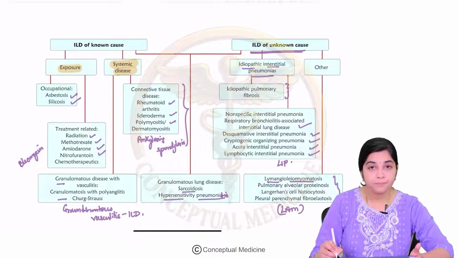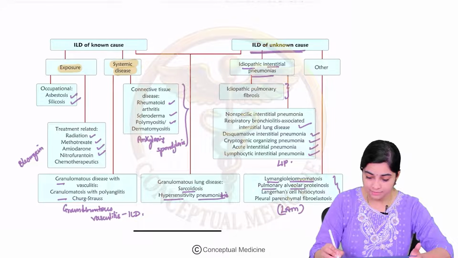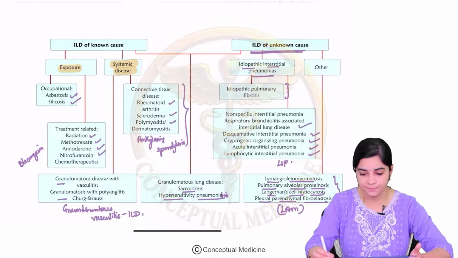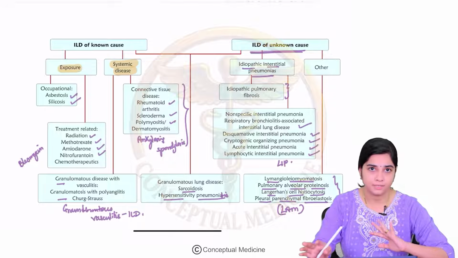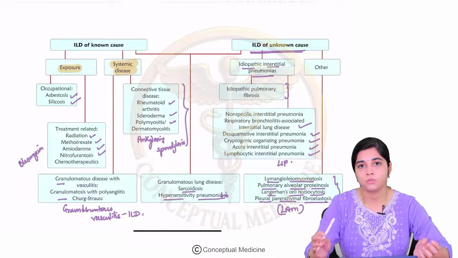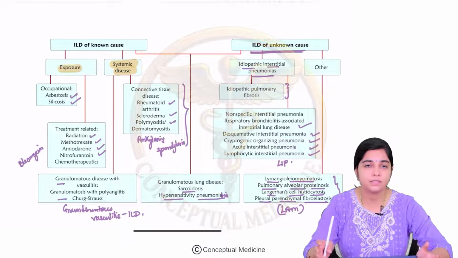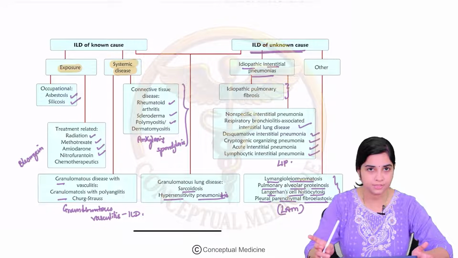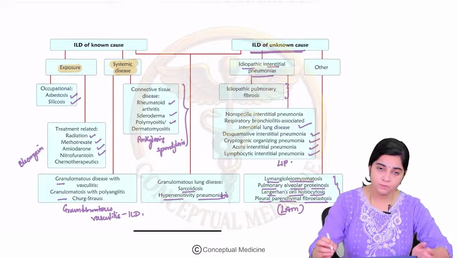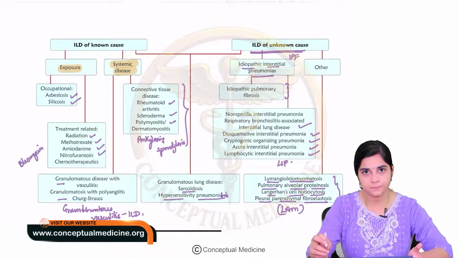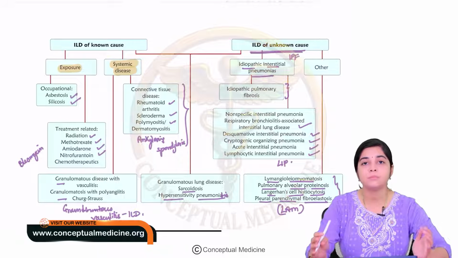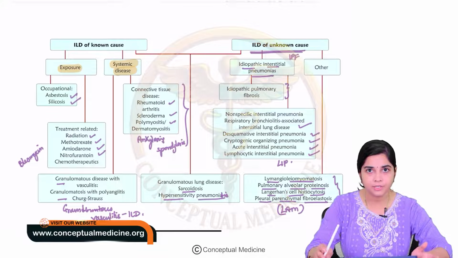Then we have your PAP, which is your pulmonary alveolar proteinosis, Langerhans cell histiocytosis and pleuroparenchymal fibroelastosis. Okay, so these are the ILDs which are grouped separately, and these are ILDs of unknown cause where we really do not know what is the reason for the development of ILD in these patients. Okay, but the most common of these under this category is your idiopathic pulmonary fibrosis. Okay, so this is in broad about your classification of ILDs.